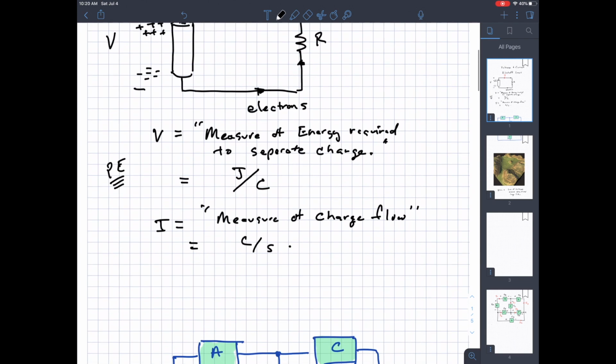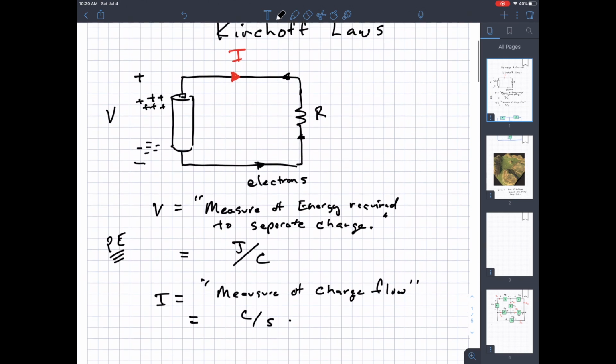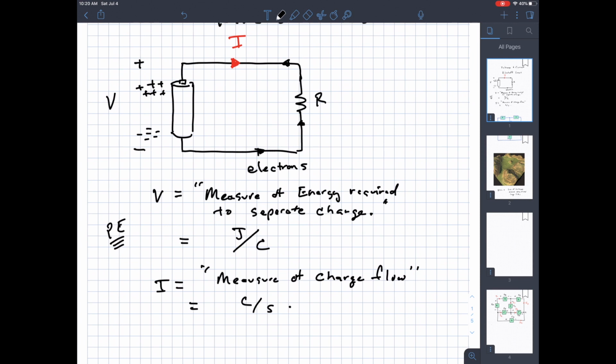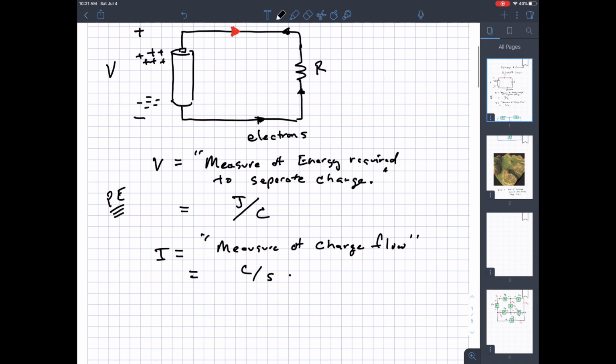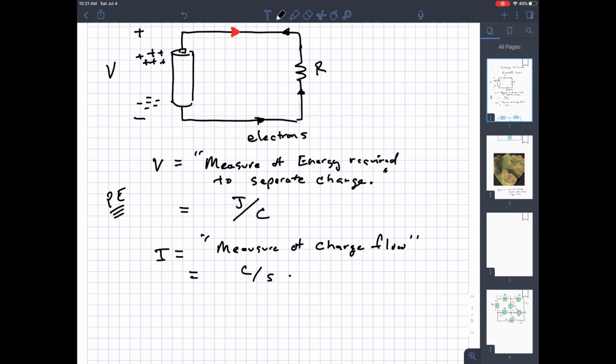And actually current is considered a base dimension, and so coulomb is the derived dimension. It's amp seconds. You should also notice that because current is moving, it is a form of kinetic energy. I bring that up because there's potential energy and kinetic energy, just like with a mechanical system.